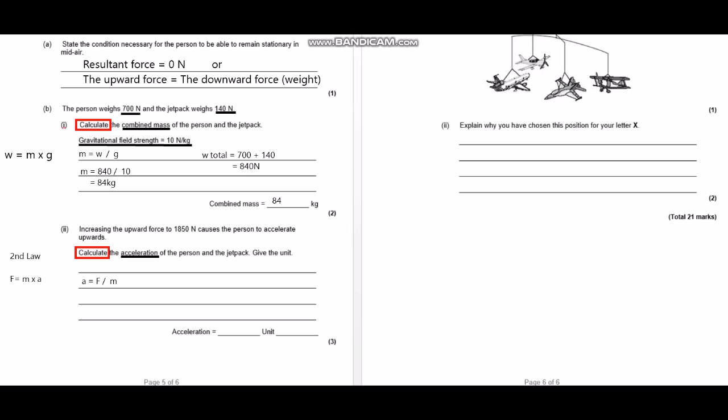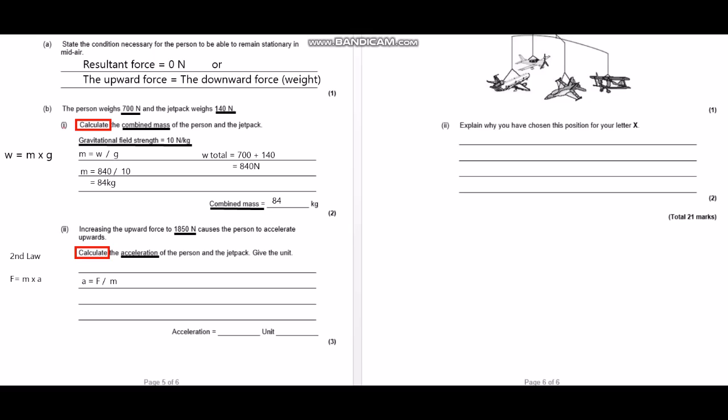So I'm going to underline the new force we've been given of 1,850 newtons, and the mass we're going to use is the combined mass from the previous question.